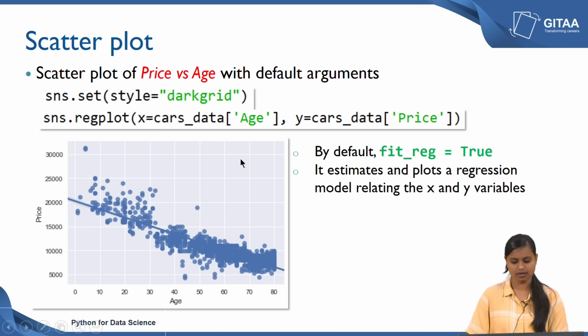That is because by default fit_reg is equal to True in the regplot function. What it does is it estimates the coefficient of x and then plots a regression line over the points. That is why the function is named regression plot. And if you do not want to consider this regression fit line in your scatter plot, if you just want the scatter plot of any two variables, you can also do that.